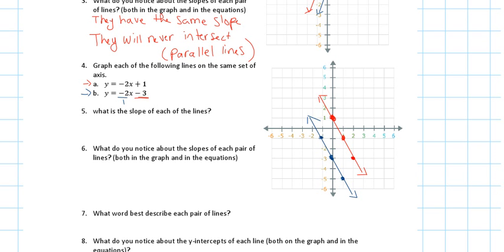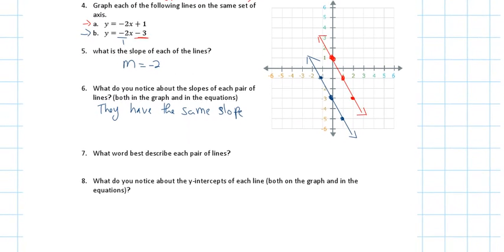What's the slope of each of the lines? Negative 2. And what do you notice about the slopes of each pair of lines? They're parallel. They have the same slope, so they are parallel, right. I'm just going to answer in the next question, because I'm going to ask you what word best describes each pair of lines.